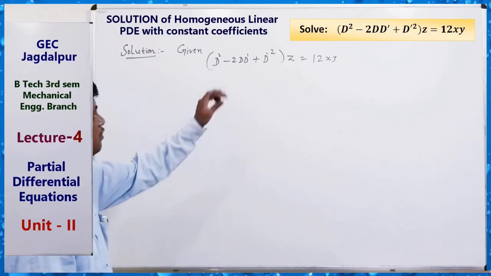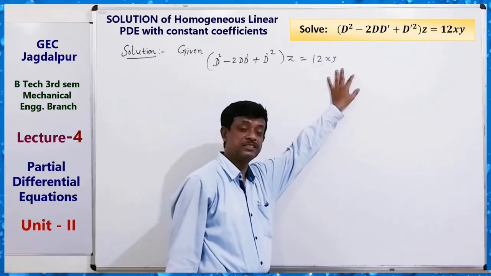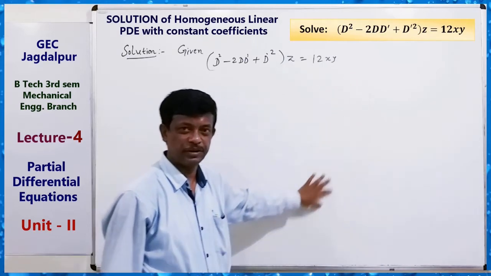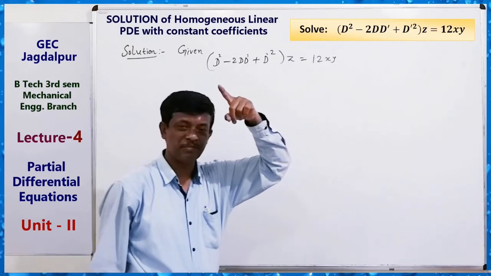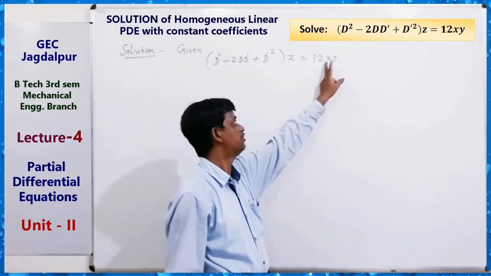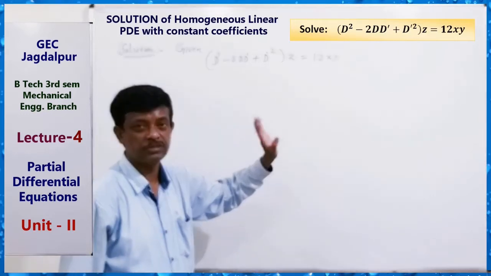So this is the given equation. We have to solve. Here the right hand side has some value, that is capital F(x, y). And its type is for using the binomial theorem, because it is something polynomial like this, x into y, not sine, not cos, not e to the power something.